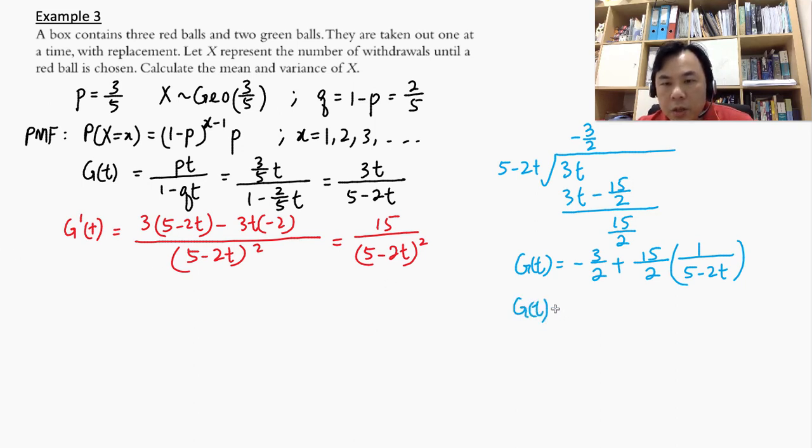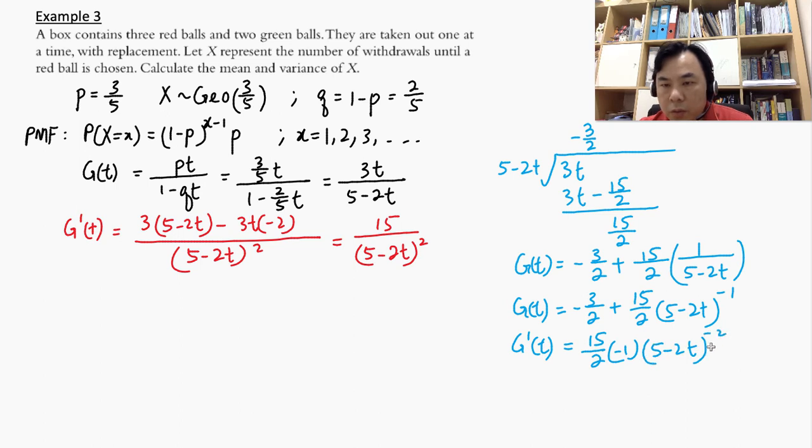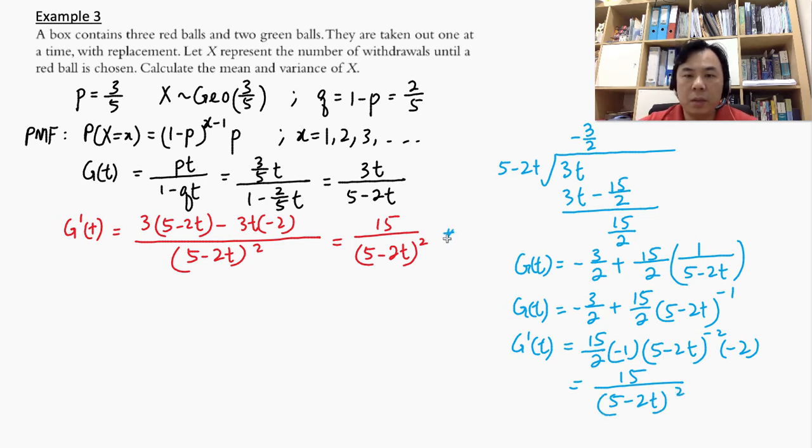So G(t) can be written as negative 3 over 2 plus 15 over 2, 5 minus 2t to the power of negative 1 here. So therefore, by differentiating this, the negative becomes positive. So you get 15 over 2, negative 1 here, and then 5 minus 2t to the power negative 2, and then negative 2 again. So from here, we will be able to get 15 over 5 minus 2t to the power 2, which is exactly the same as this.